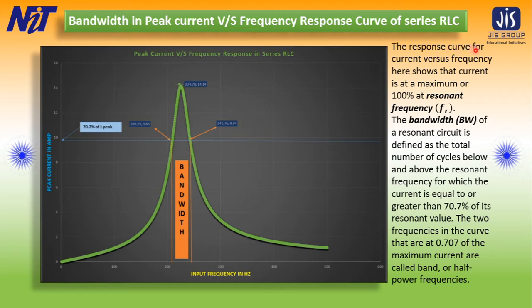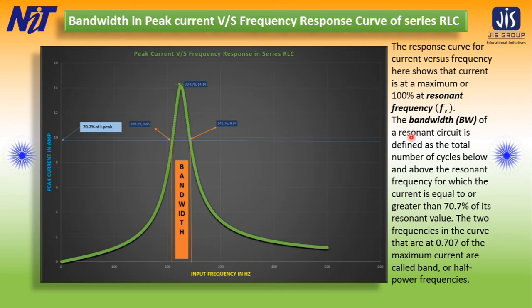The response curve for current versus frequency shows the current is at a maximum, or 100% resonance, here, which is denoted by FR or f naught.